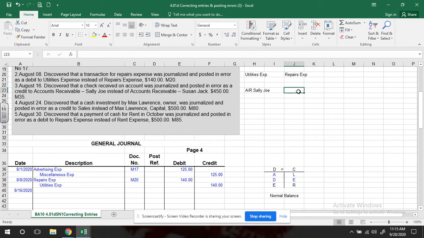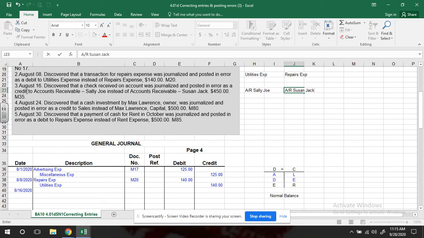However, it should have been Susan Jack. Now what happened here is that they took a payment from Susan Jack because she paid on her account, but they made the error of putting it in Sally Joe's account and saying that Sally Joe actually paid it. Well, Susan Jack's not going to be happy about that, so they got to switch it back.